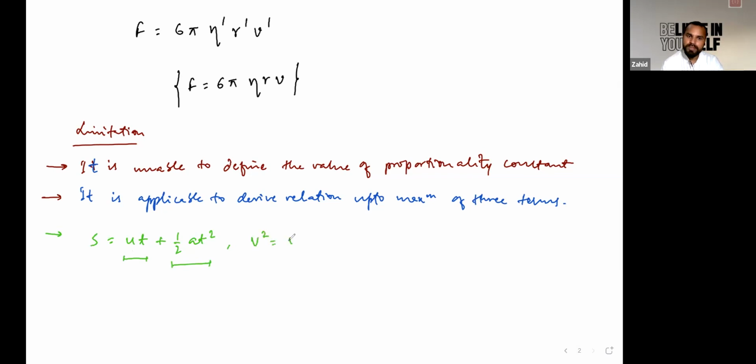Similarly, v square is equal to u square plus 2as, in which this term and this term are related by plus sign. So these types of relations in which quantities are related by plus or minus sign are termed as composite relationships.